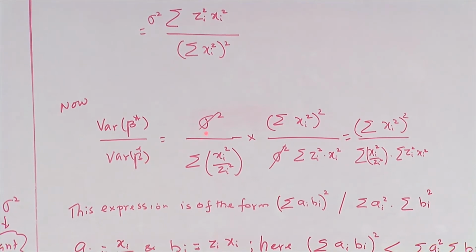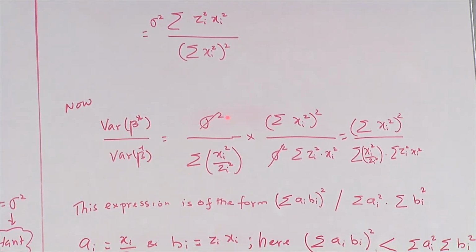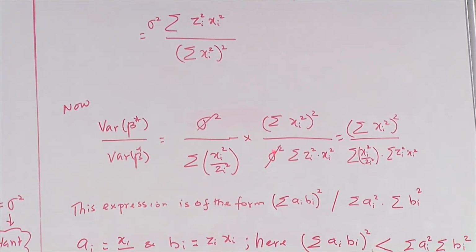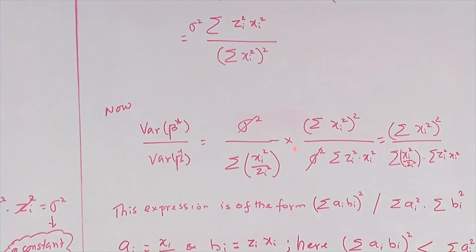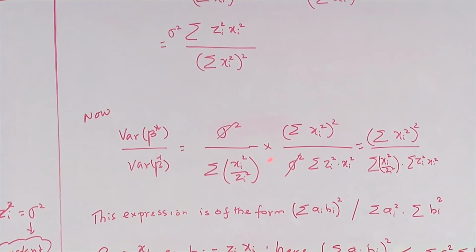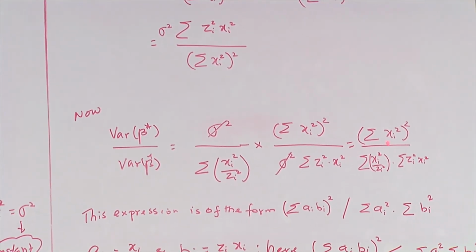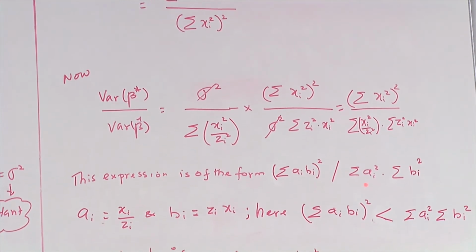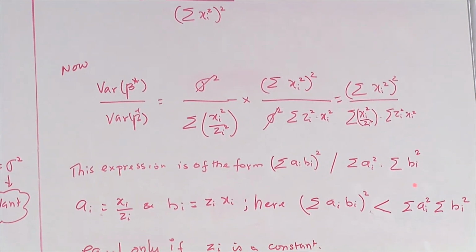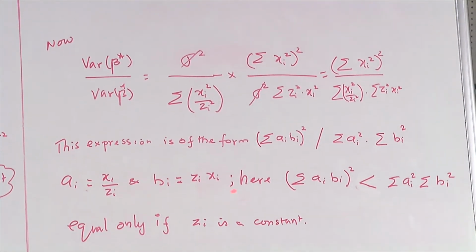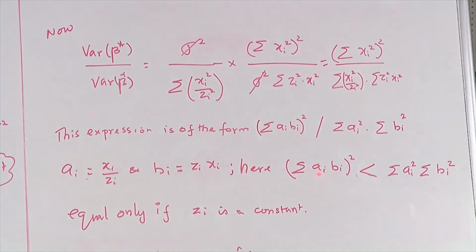So, the first term is the variance of beta star, and the second term is inverted, the variance of beta hat is inverted here. So, if we divide, we get one expression of the form sigma ai bi the whole square divided by sigma ai square into sigma bi square, where ai is equal to xi by zi and bi is equal to zi xi.